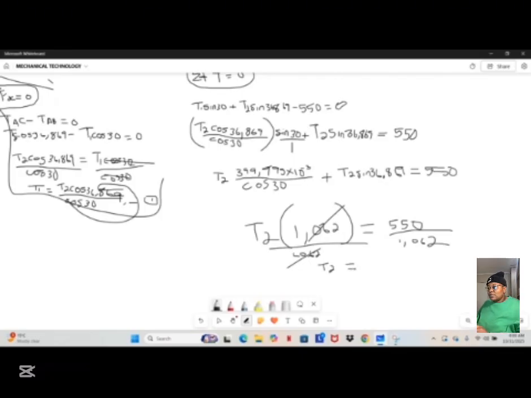So let's go back to T1. T1 is equals to 1.062.